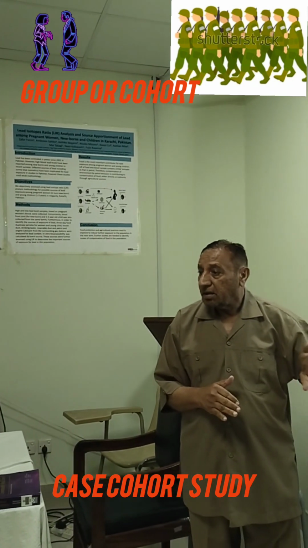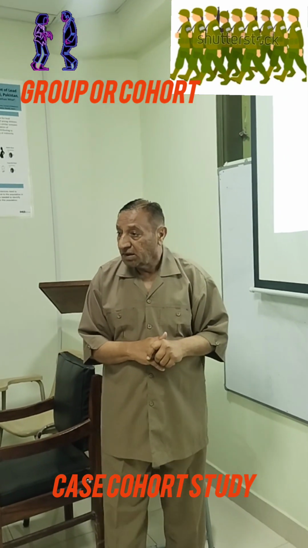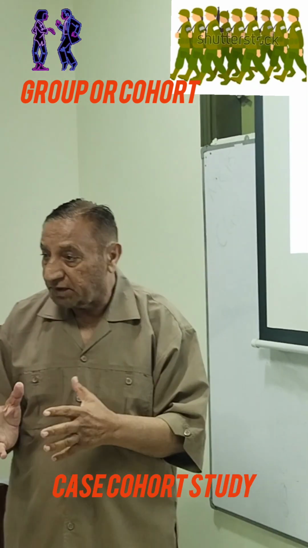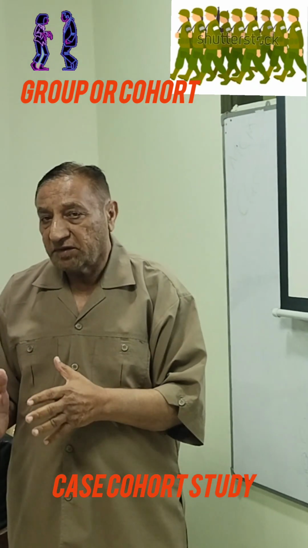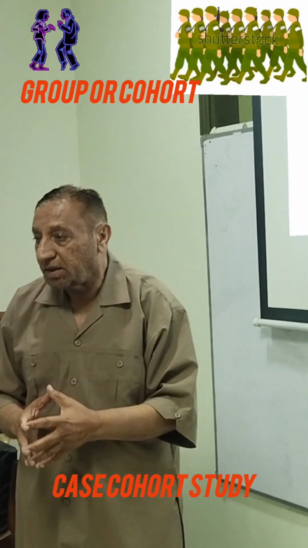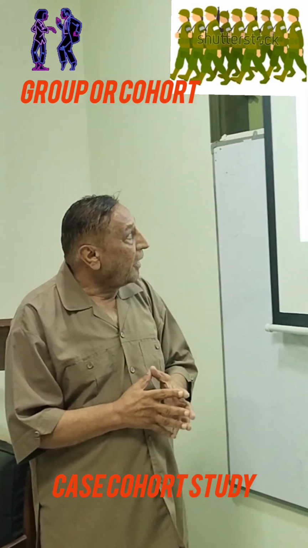But here, controls are selected prior to the occurring of the disease. So I think that is a postgraduate question: what is the difference between cohort, case control, nested case control and then case cohort study.